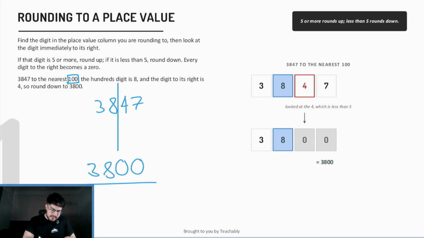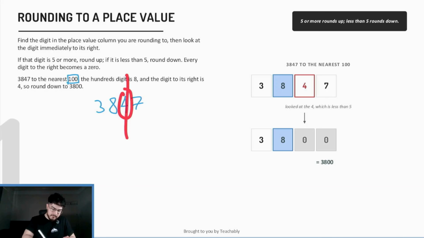But now let's have the same question, but instead of the nearest 100, let's say the nearest 10. Well, the tens column is right here, remember? So let's draw a line in the sand again, and look at the number immediately to its right. If it's 5 or more, you increase by 1, and if it's less than 5, you don't do anything. In this case, we can clearly see that 7 is 5 or more, because 5, 6, 7.